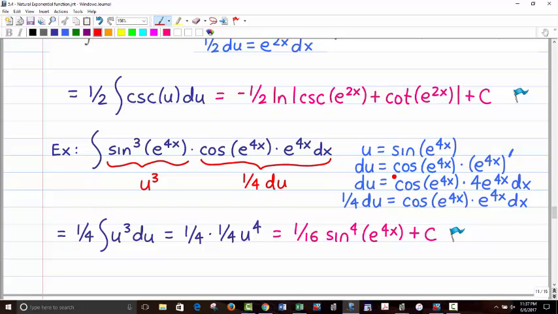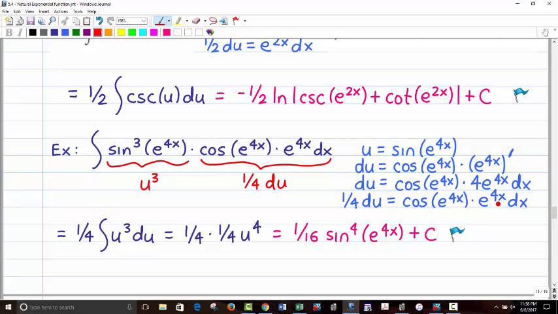So the derivative will be cosine of e to the 4x times the derivative of e to the 4x, which would be 4e to the 4x. So we divide both sides by 4, and then 1/4 du will be cosine e to the 4x times e to the 4x dx. So now you can see this little trailing e to the 4x at the end was taken care of as part of du.